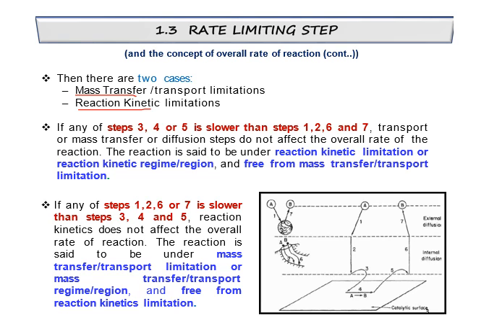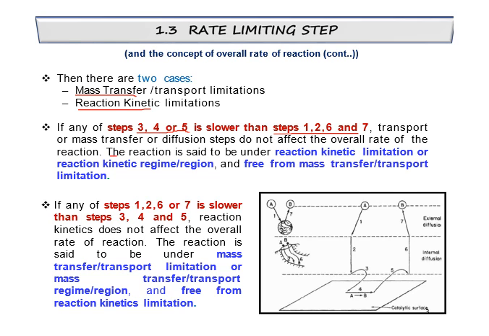So, if step 3, 4, or 5, as defined before, is the reaction kinetic classification, and if step 3, 4, or 5 is slower than steps 2, 6, and 7, it means that the reaction kinetics is the limiter and governs the overall reaction.